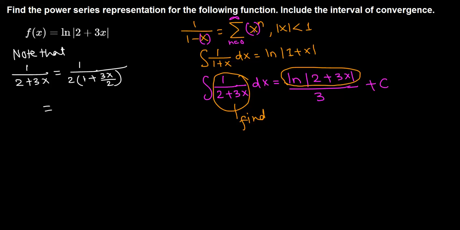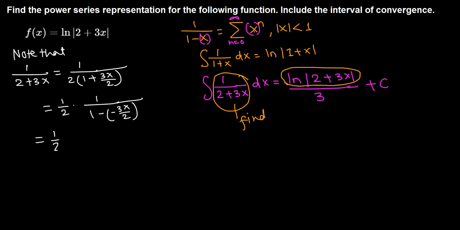Now we can rewrite this as 1/2 times 1 over 1 plus 3x over 2. Now I want to write it in this way, 1 over 1 minus x. So 1 plus 3x over 2 is the same as 1 minus negative 3x over 2. Now this looks like 1 over 1 minus x.